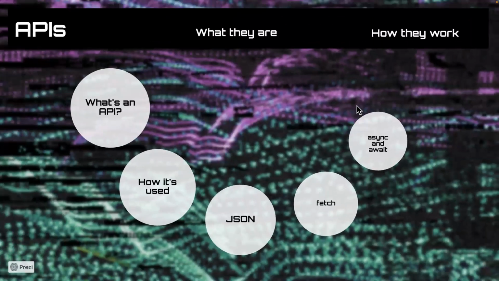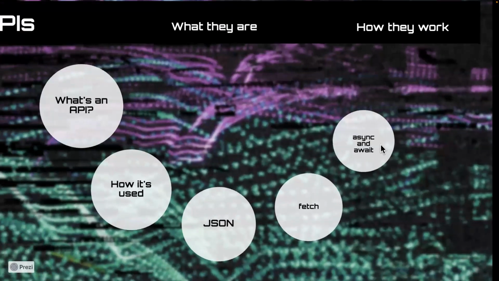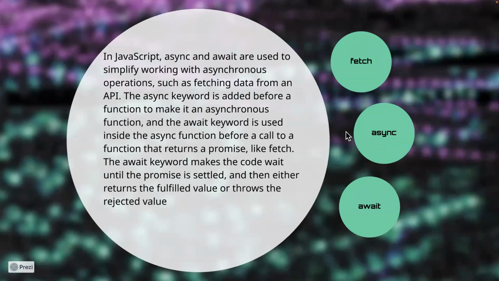So let's go over what those words are. Async and await. They go together with fetch. So let's go over a quick explanation. In JavaScript, async and await are used to simplify working with asynchronous operations, such as fetching data from an API.